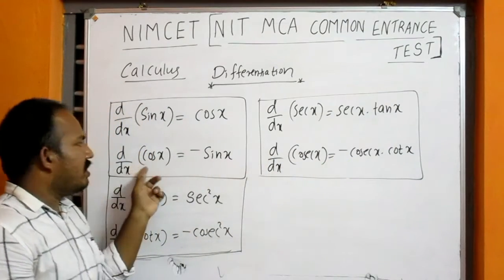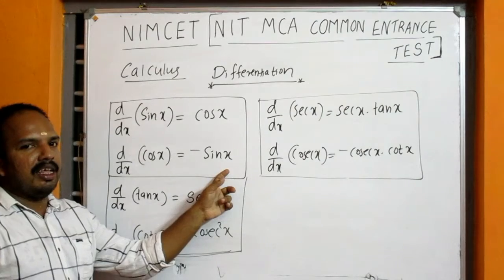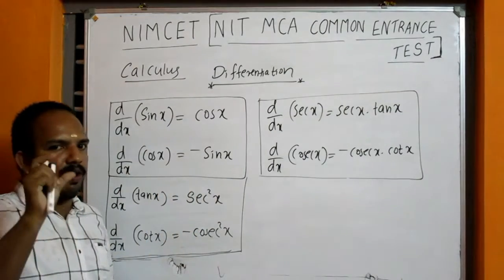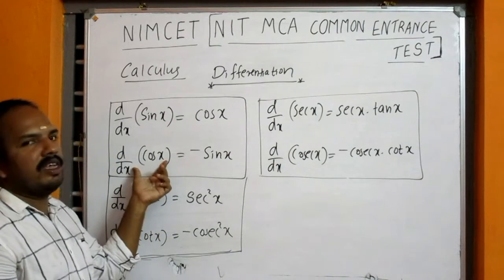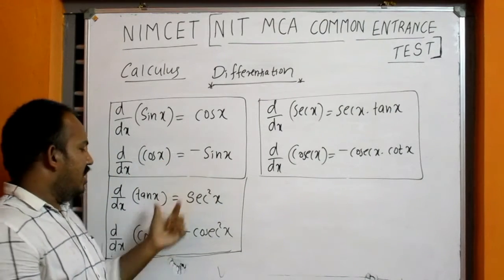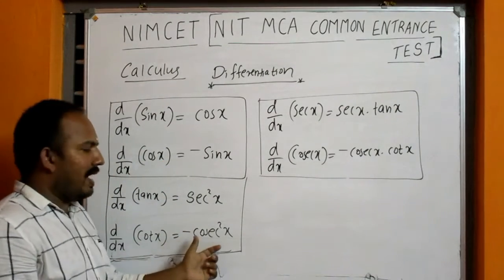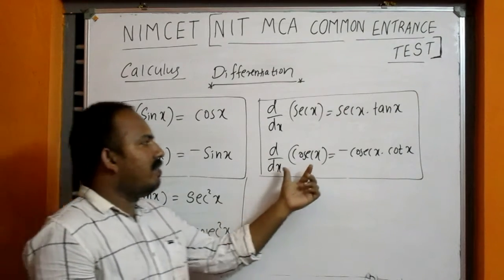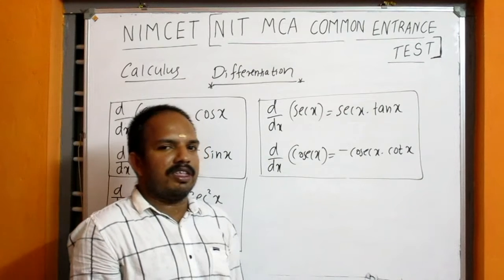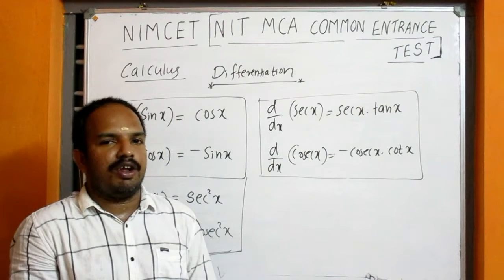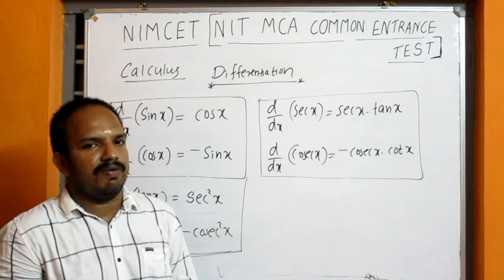Clear? Derivative of cos x is minus sin x. If it starts with co, there is a minus. So derivative of cos x equal to minus sin x, derivative of cot x equal to minus cosec square x, derivative of cosec x equal to minus cosec x into cot x. So these are the six differentiation formulas of trigonometry functions.